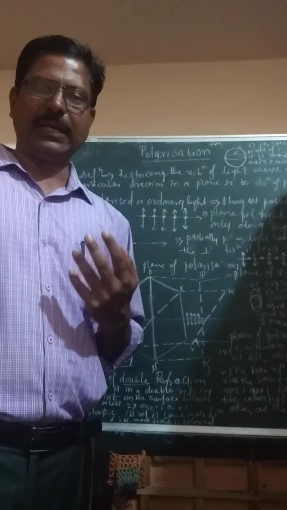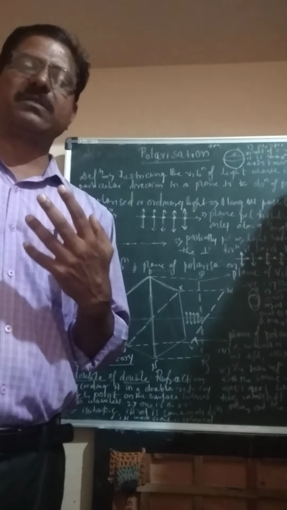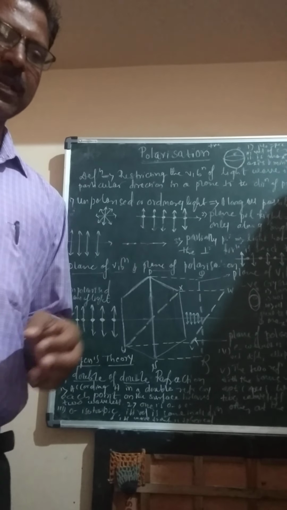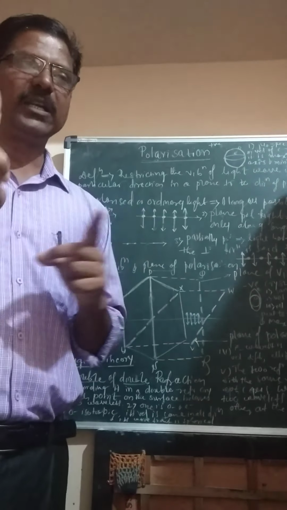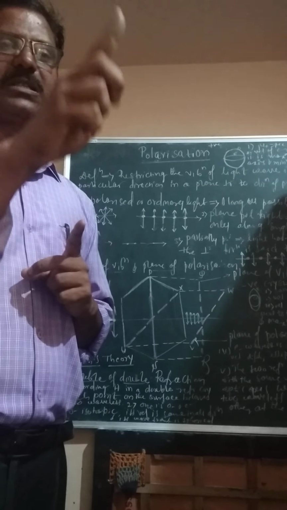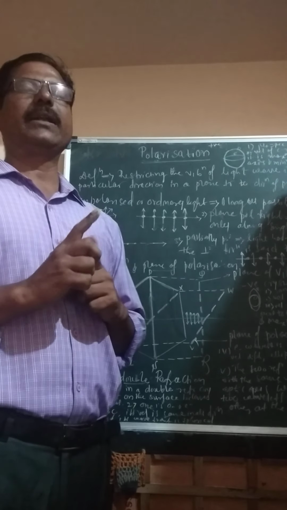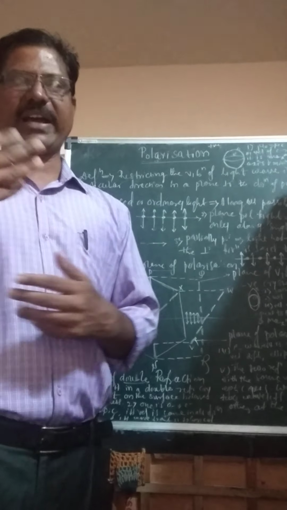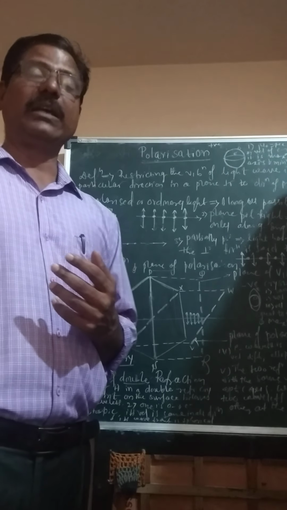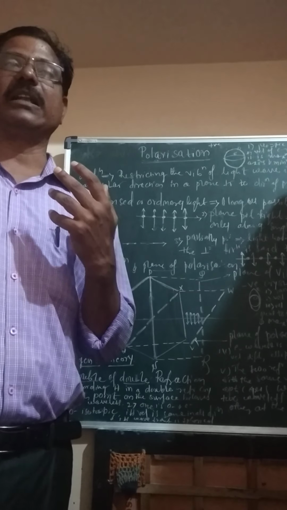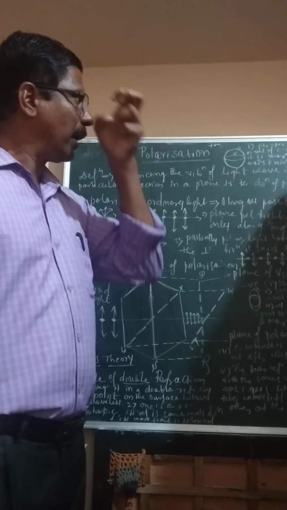When a light beam is passed through a certain crystal, two refracted rays are produced instead of a single ray. This was discovered in the year 1669.